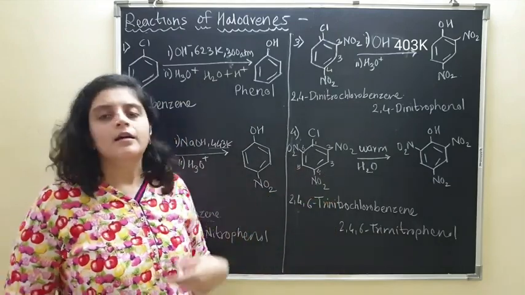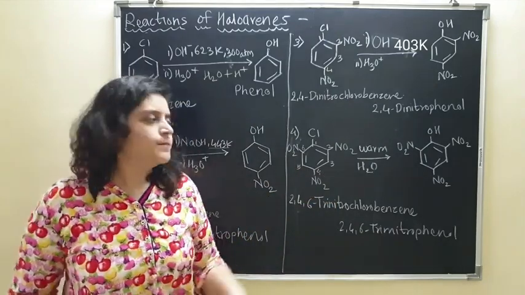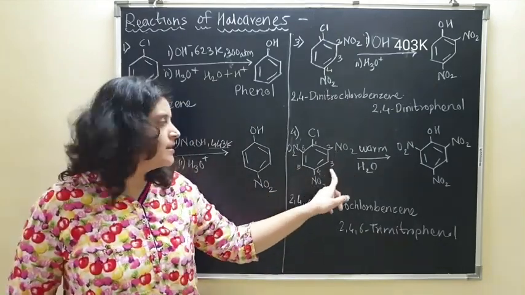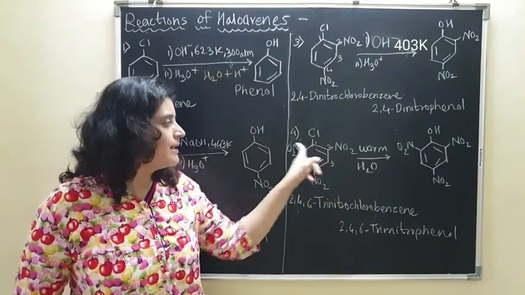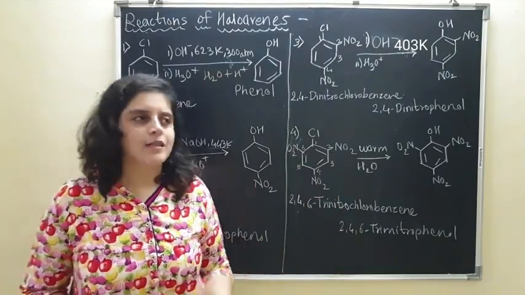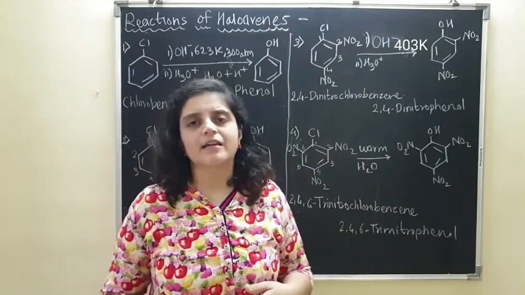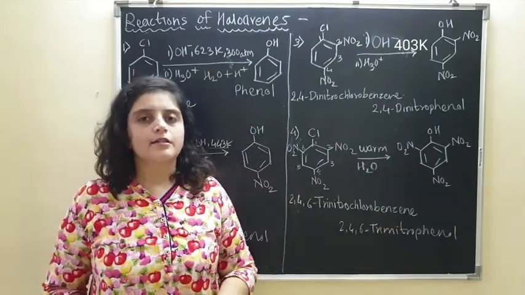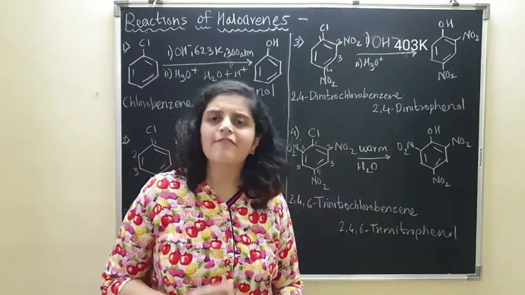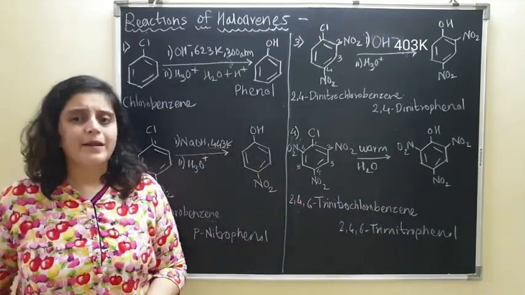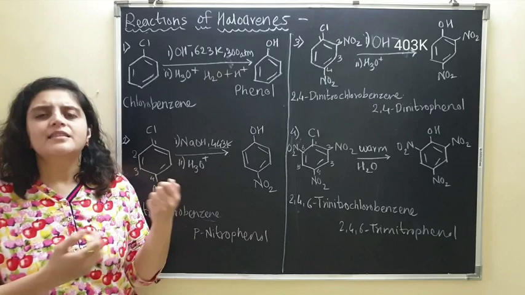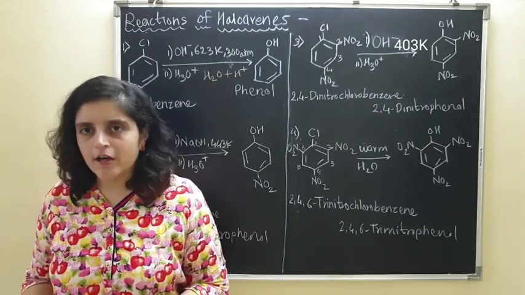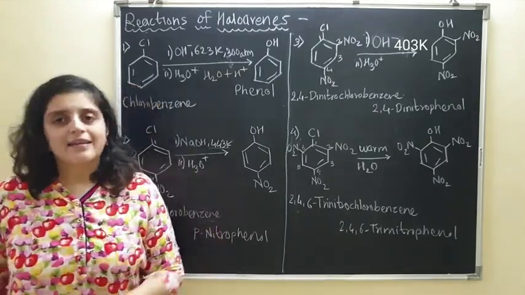Here we have three nitro groups, at the para position and at both the ortho positions. And here what we require is H2O, and we need to warm the reactant with H2O and still we are getting the product.